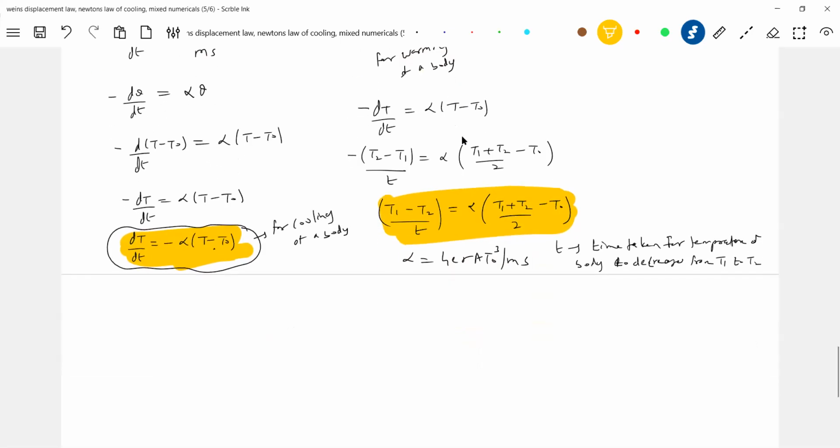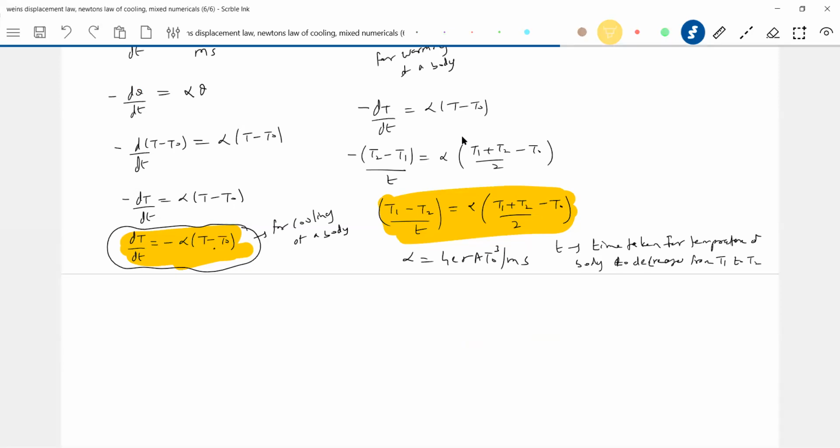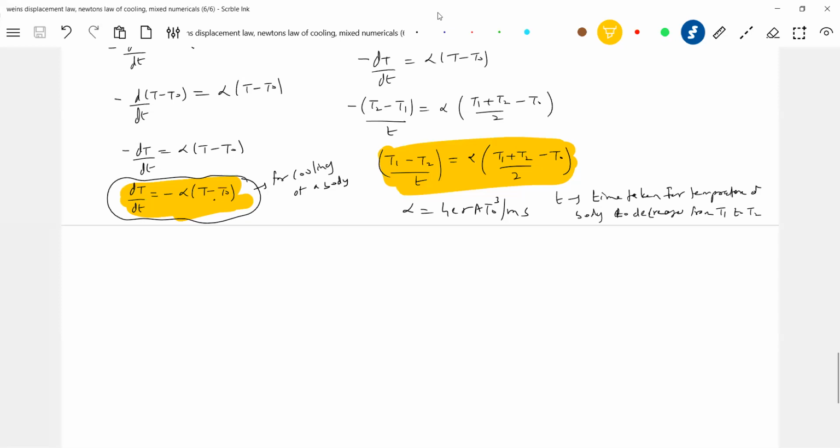Okay, so we are not understanding anything; you brought some formula. Okay, let's do one thing. We'll take a numerical on Newton's law of cooling. Suppose this is the container, a liquid in a calorimeter.